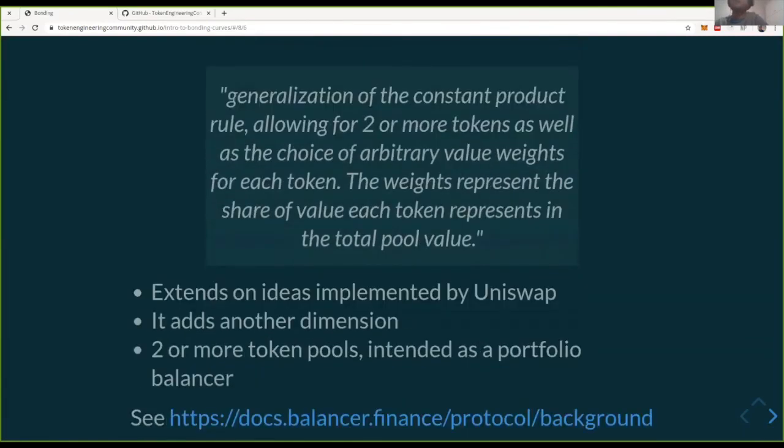It's a generalization of Uniswap's constant product rule and allows two or more tokens, but with arbitrary weights. So if you had an investment portfolio, and you've got different tokens that you want to keep balanced within that portfolio at different percentages, this would allow you to do that.